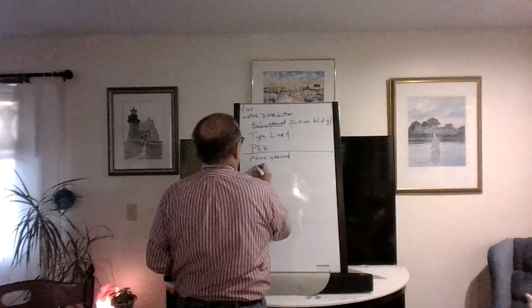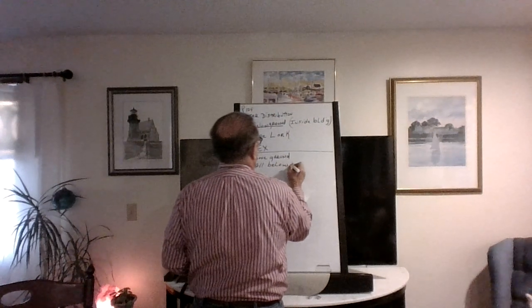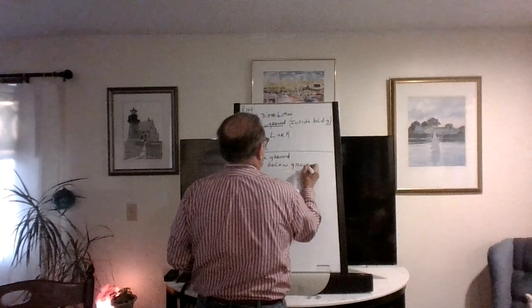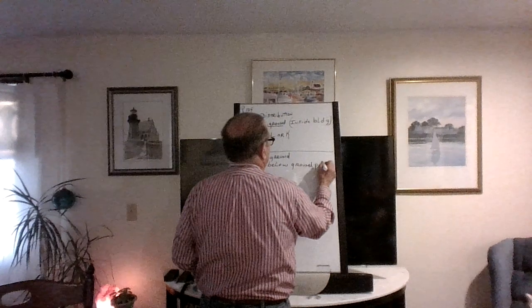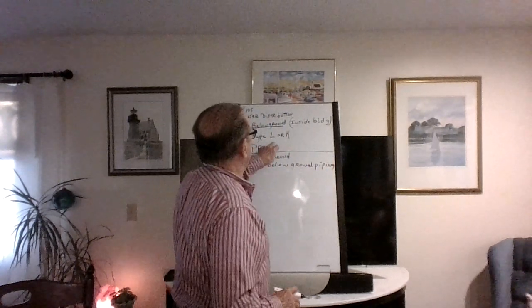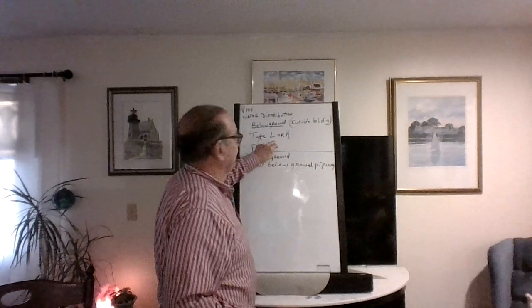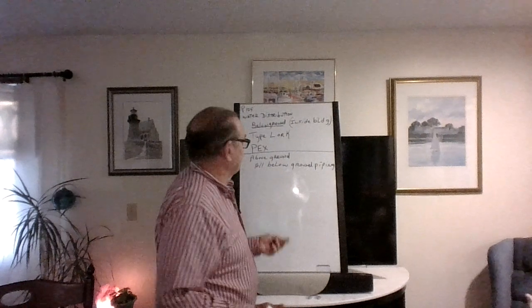All right, the first one I'm going to put here, all below ground piping. Obviously K or L, heavyweight copper, can be used above or below ground. PEX, same thing. You can use it above ground if you want.